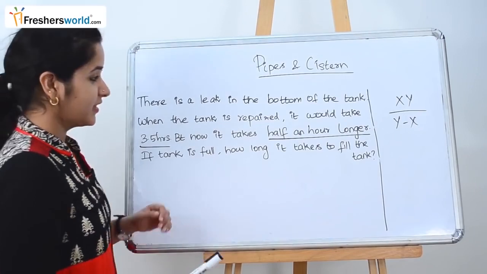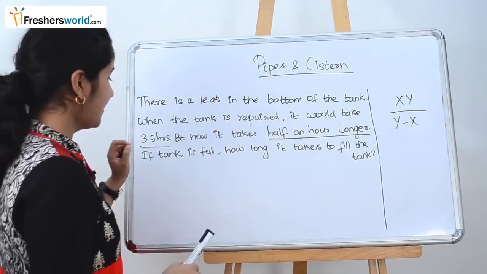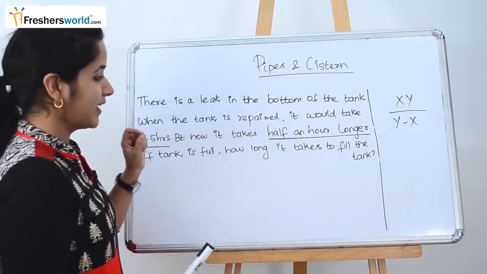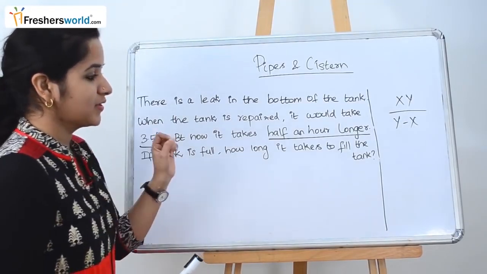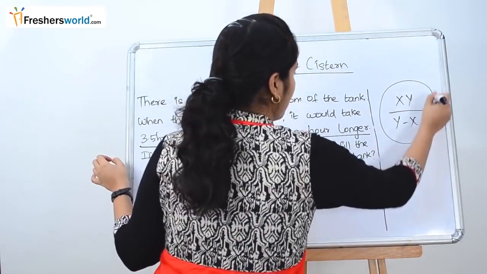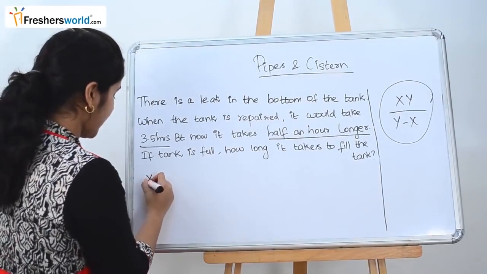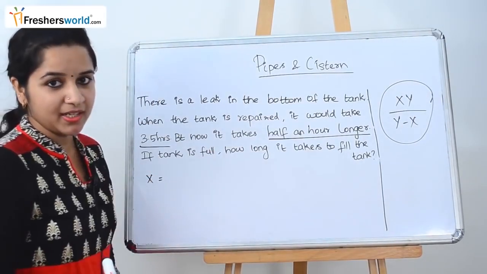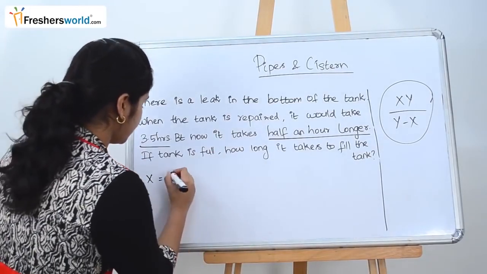The question is: there is a leak in the bottom of the tank. When the tank is repaired, it would take 3.5 hours to fill, but now it takes half an hour longer. If the tank is full, how long does it take to empty it? This is the type of question where you apply this formula. First we have to find x. X is the time taken for the pipe to fill the tank, which is 3.5 hours.